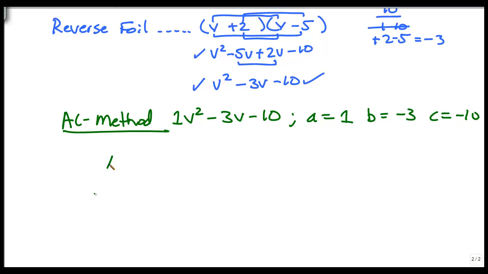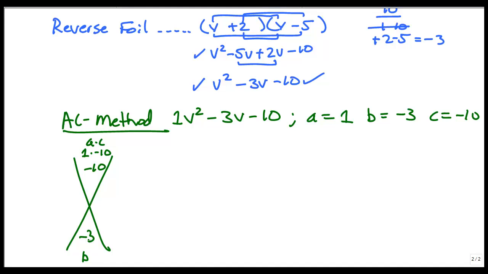Here's my big X, which helps me keep track of things. So I have A times C. That's 1 times negative 10, which is negative 10. And down here goes B, so negative 3.